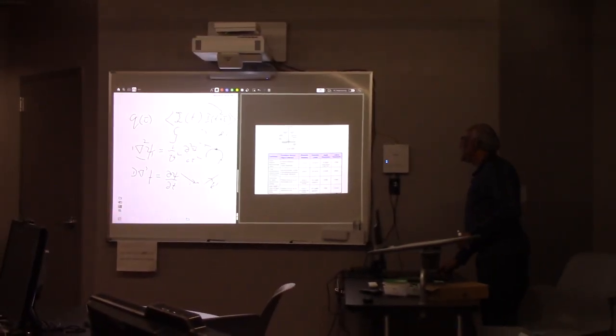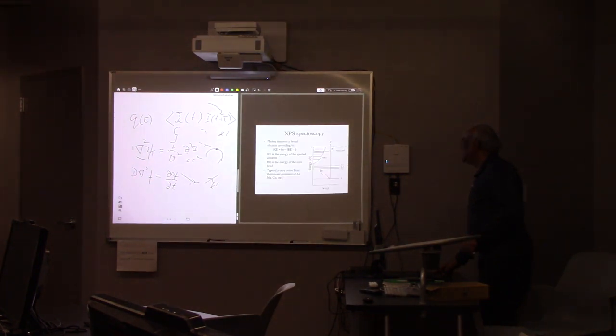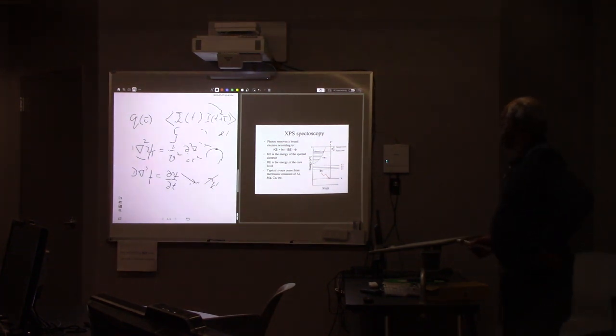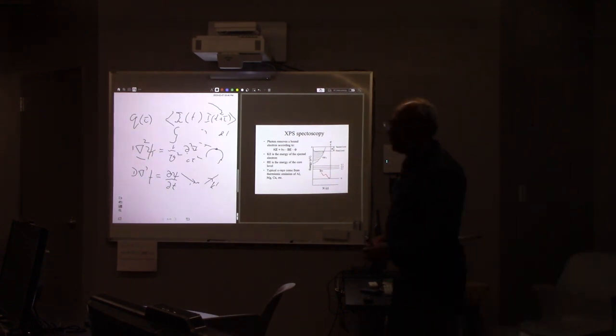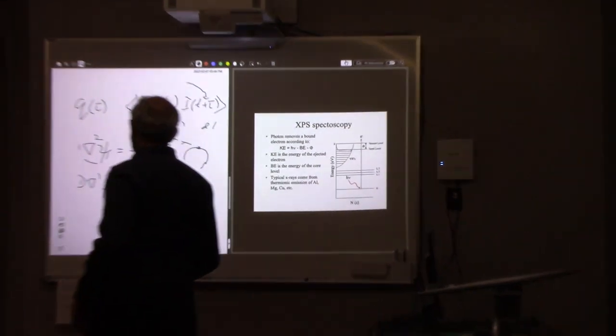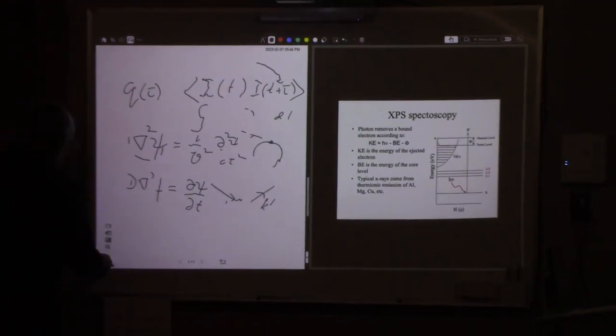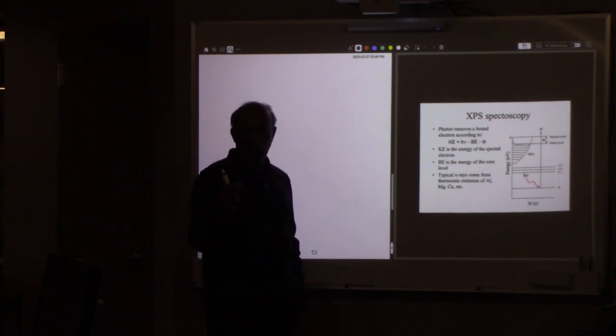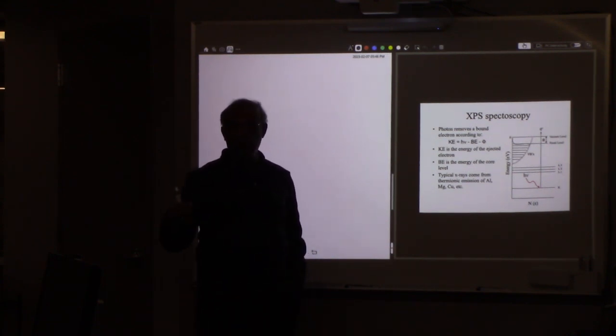So yeah, lastly, I want to talk about these four. These are two very widely used techniques, XPS and UPS. XPS is the easiest technique to detect what you have in your sample. It's more like an elemental analysis, and also tells you in what oxidation state it is.